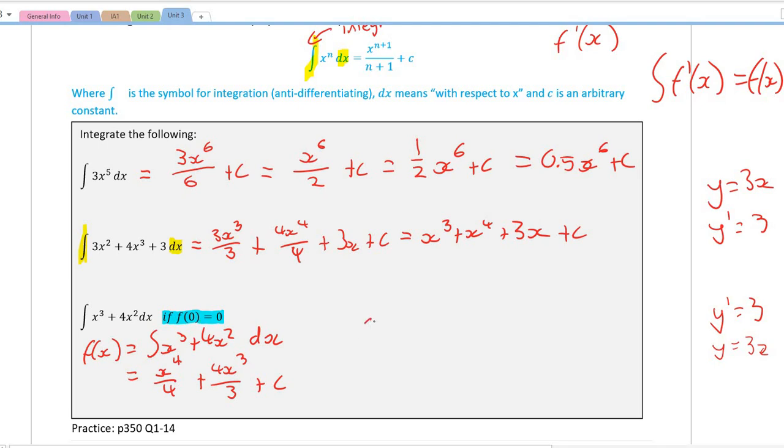So f of x. You know x, that's 0. X will be 0, yeah. So I'm going to replace f of x with 0 equals... What is it then? C is 0. C will end up being 0, yeah.